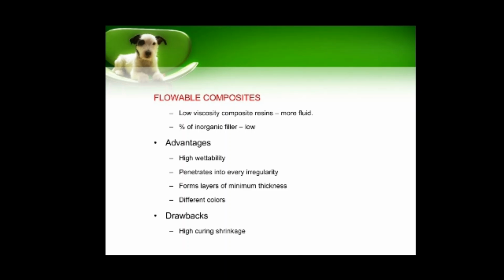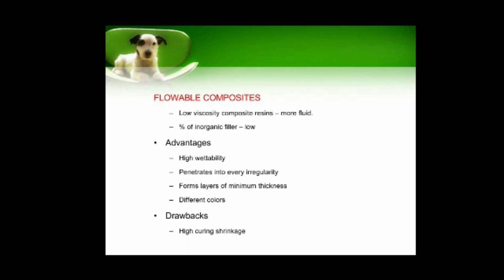Flowable composite. These are low viscosity composite resins which make them more fluid than the conventional composite resins. The advantages include high wettability of the tooth structure, ensuring penetration into every irregularity of the tooth structure, and the ability to form layers of minimum thickness, thus improving or eliminating the air inclusion or entrapment within the restorations.